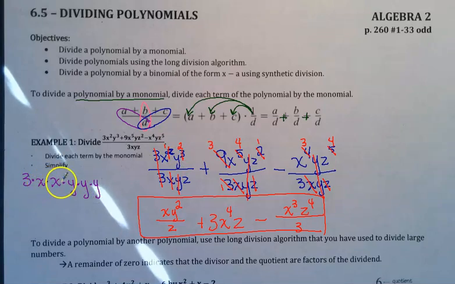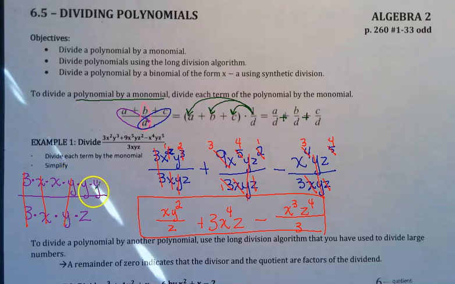I have 2 x's and 3 y's, divided by 3 times 1 x times 1 y times 1 z. Looking at what cancels, 3 divided by 3 is 1. X divided by x is just 1, then I still have an x. Y divided by y leaves me with y, and I don't have any more y's to cancel, and I don't have any z's in my numerator. So I'm left with x, y squared, and a z in my denominator.